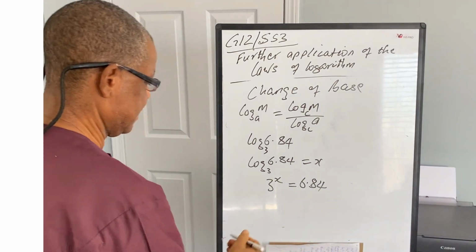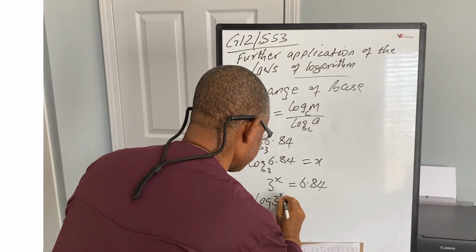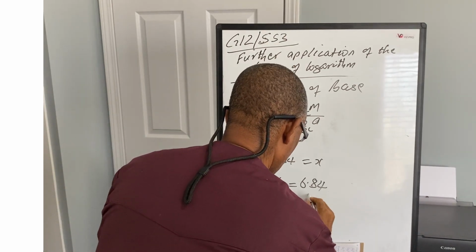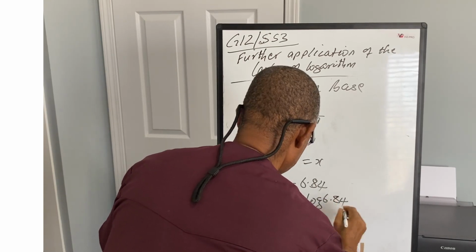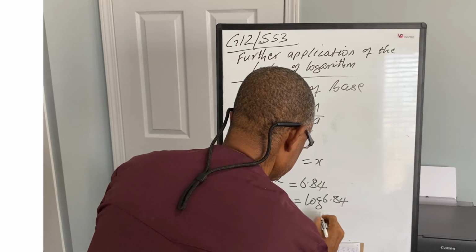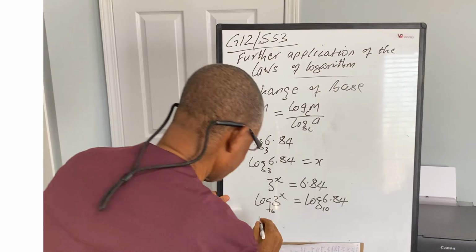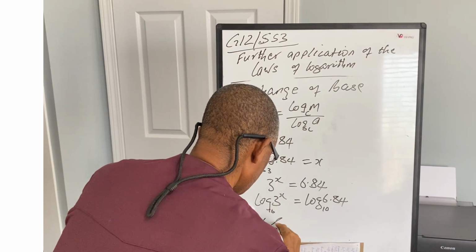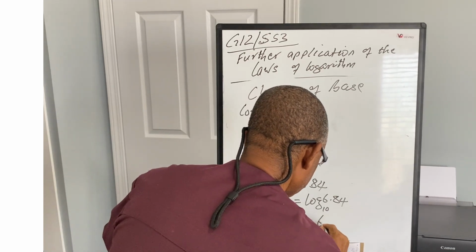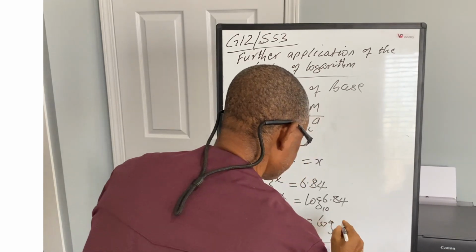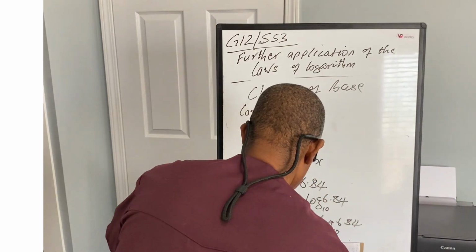We now say that this becomes log 3 raised to power x equals to log 6.84. We introduce a known base, let it be base 10. And that will give us x log 3 equals to log 6.84, all base 10 this time around.